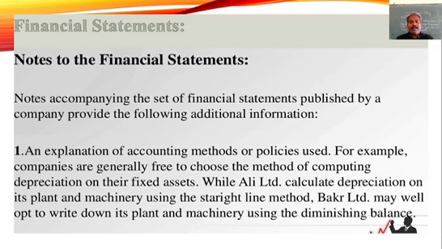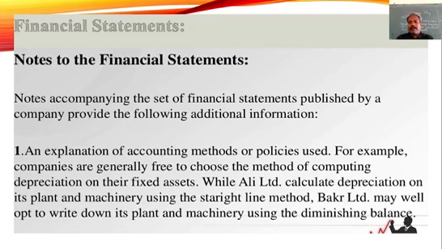For example, companies are generally free to choose the method of computing depreciation on their fixed assets. Sometimes they may choose the written down value method or the original cost method. Based on the company's decisions, they will choose the method of providing depreciation.